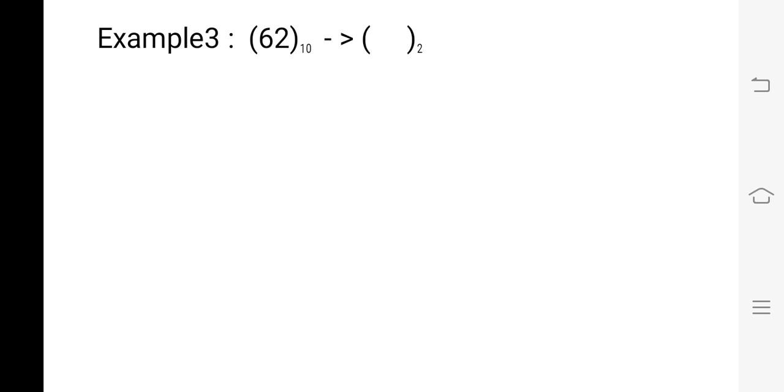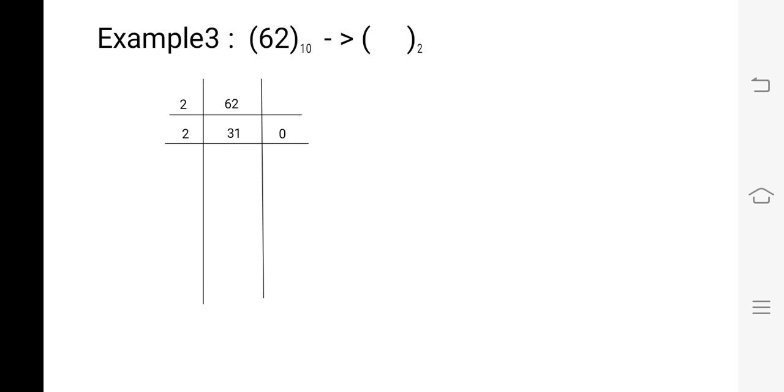Now in this example we will find the binary equivalent of 62. First we divide 62 by 2 and the quotient will be 31. 31 multiplied by 2 equals 62. 62 minus 62, 0 is coming, so we note down 0. Now 31 is an odd number but still it is greater than 2, so we divide 31 by 2, children. 15 multiplied by 2 is 30, so remainder 1 is there.